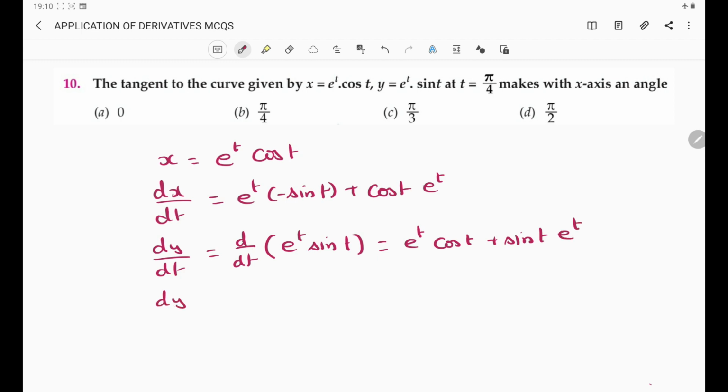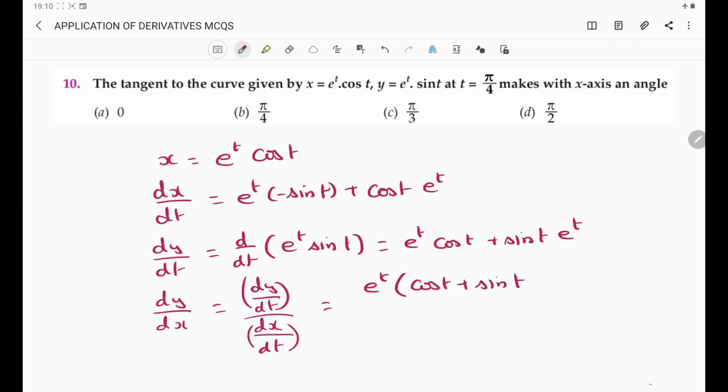So dy by dx is equal to dy by dt divided by dx by dt, which is equal to e to the power of t into (cos t plus sin t) by e power t times (cos t minus sin t).